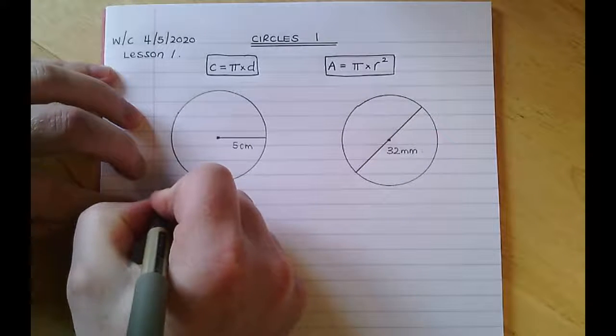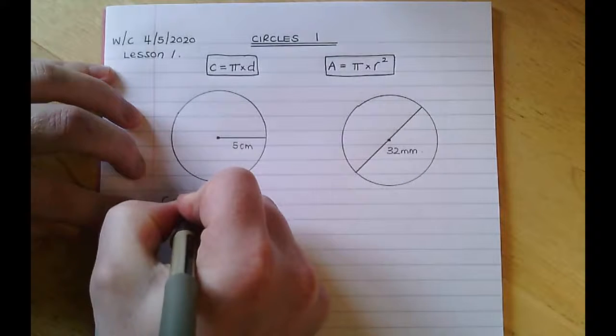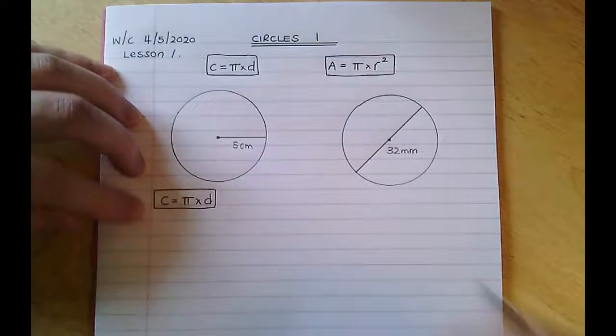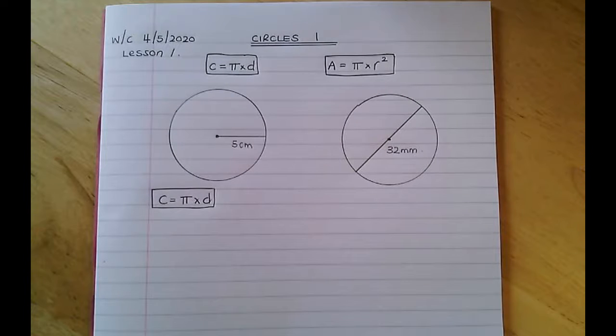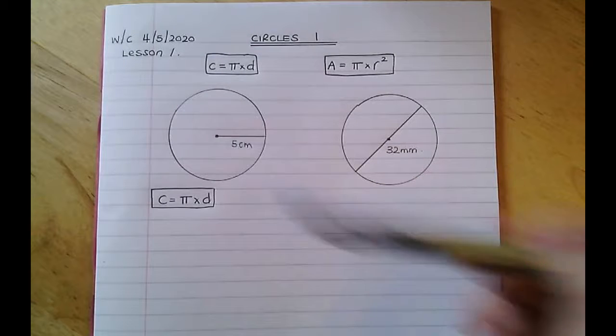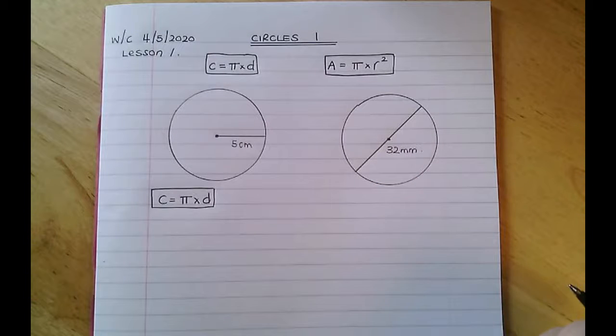So it's a really good habit to get into is writing down the formula that you use, and I always put a box around it just to make it really clear. Now here we need to work out what piece of information we're actually given in the diagram.